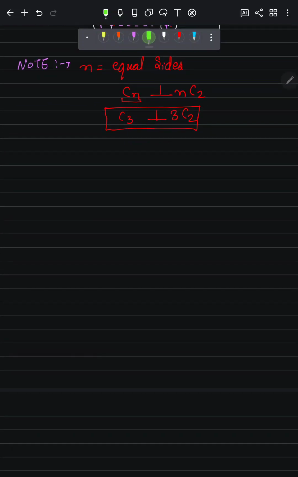Now let's talk about sigma d. What is sigma d? It is a dihedral plane. To see sigma d in a molecule, let's take an example of PtCl4.